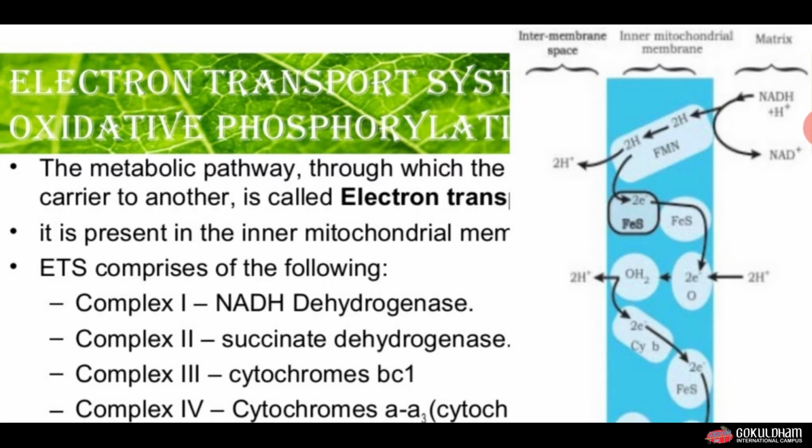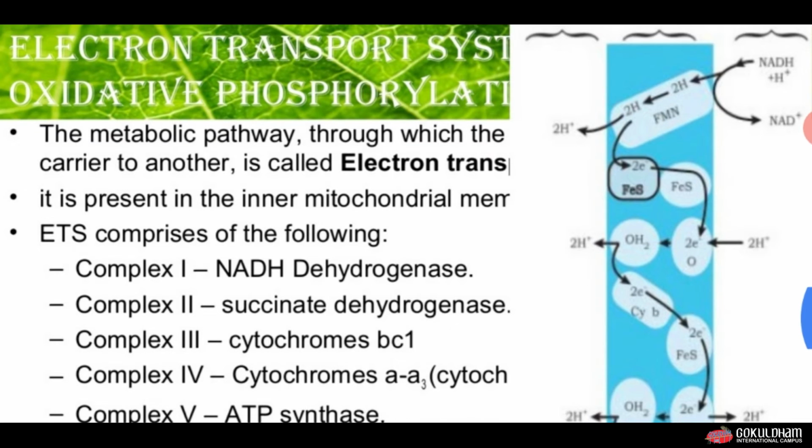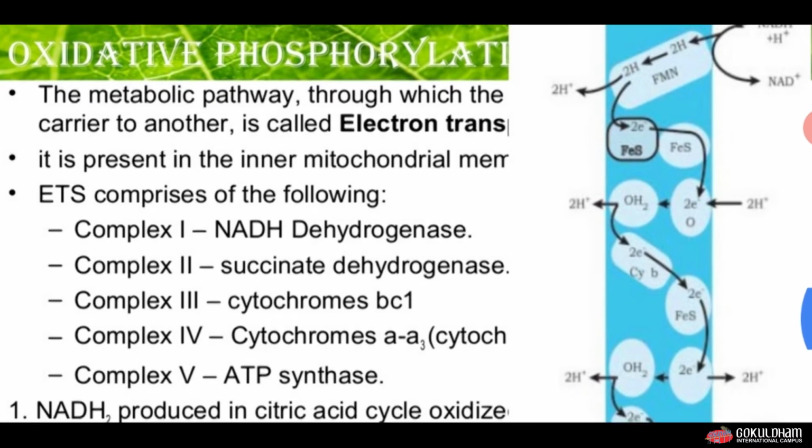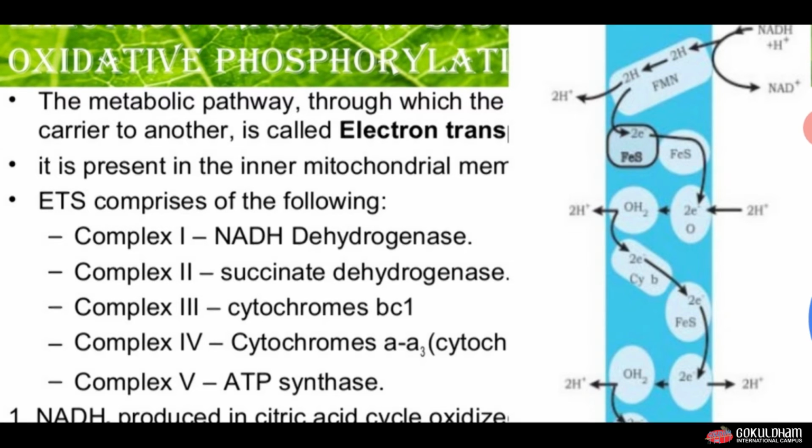And we know that in the matrix the Krebs cycle takes place, and from the Krebs cycle NADH is produced. Then this NADH enters the electron transport system. This electron transport system comprises five complexes.